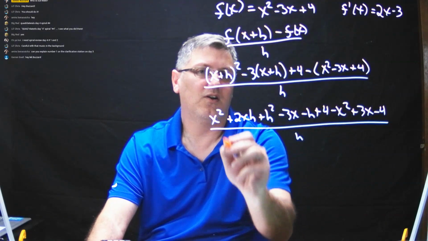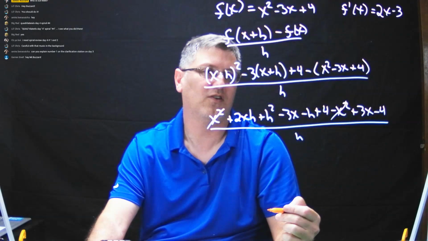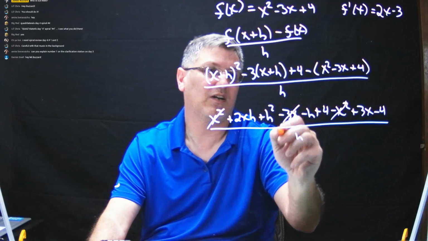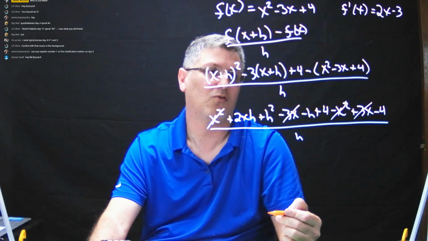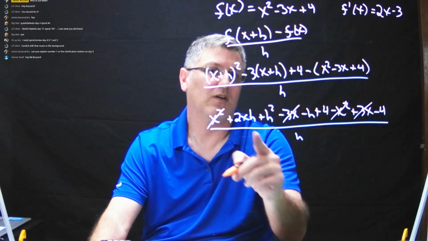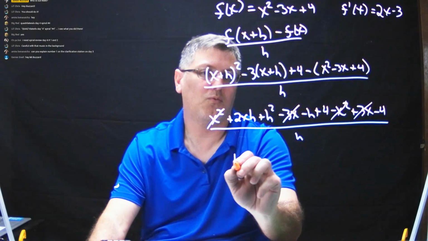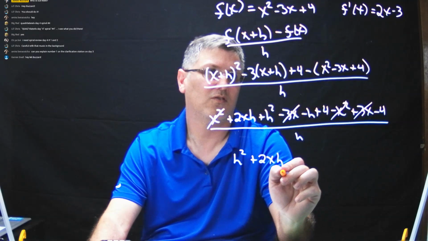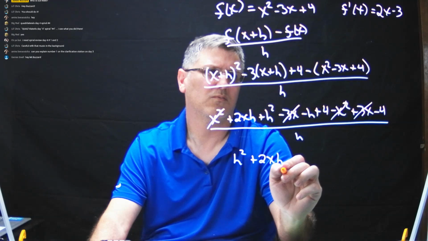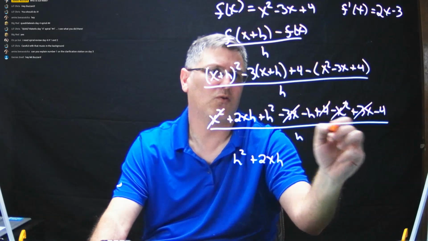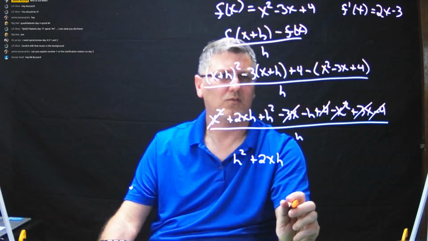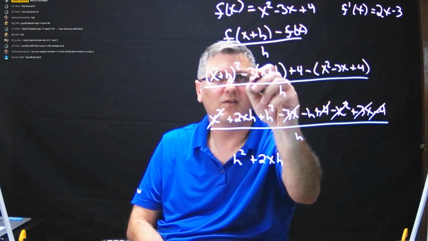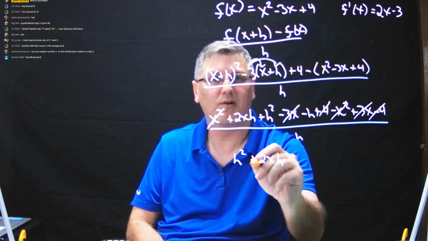Let's see what we get here. This and this cancel as I expected. Negative 3x, positive 3x, those go away. And then I have my h squared plus 2xh. Oh, the 4's go away. I missed something. Distributive property right there.